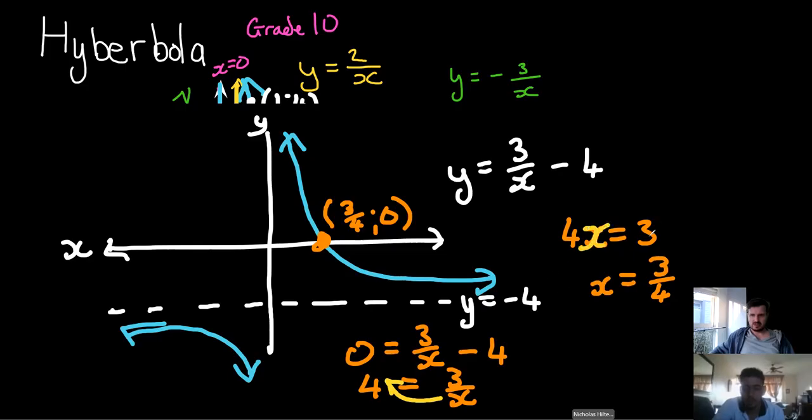And so 4x equals 3, and then I divide by 4 on both sides. Of course, I could do it in one step. I could put the x there and the 4 there. So I could just swap the x and the 4, so it would be x equals 3 over 4. But of course, I wanted to do it in 2 steps just to show how it's done. But it would be easier maybe if you just swap the 4 and the x. Okay. And then it's x equals 3 over 4.